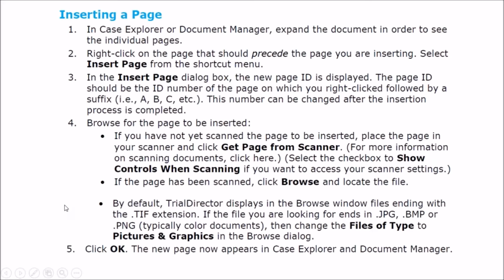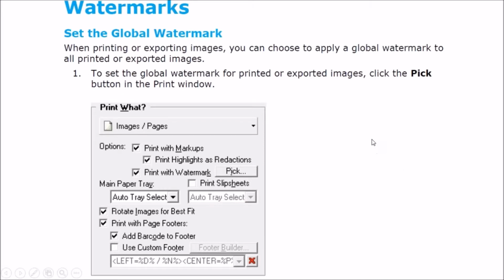And if the file you're looking for ends in JPEG, BMP, or PNG, typically color documents, then you change the files of type to Pictures and Graphics in the Browse dialog. And then click OK, and the new page now appears in the Case Explorer and in the Document Manager.